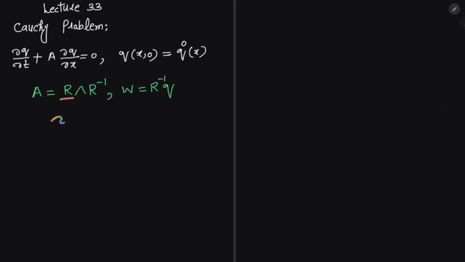R is the matrix containing right eigenvectors, and so on. We already saw this in our previous video. I'm not going to repeat it. If you just follow my lectures, you can understand what's going on.